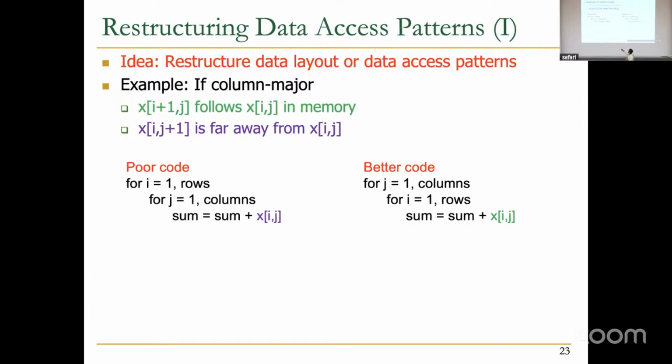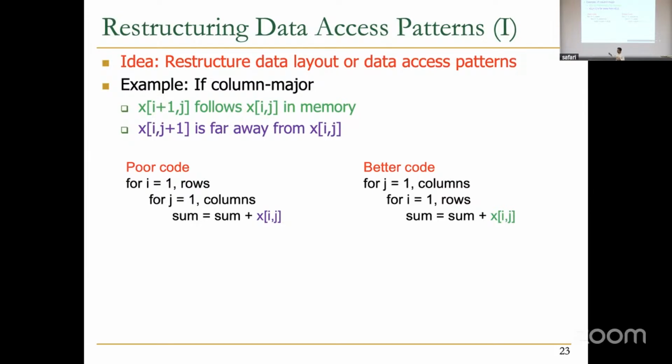So what would happen is that when you go from x[i][j] to x[i][j+1], which is what your inner loop is doing, you are literally accessing memory locations that are far ahead from one another, given that the matrix is really huge. So in that case, you won't essentially get any locality out of this program.